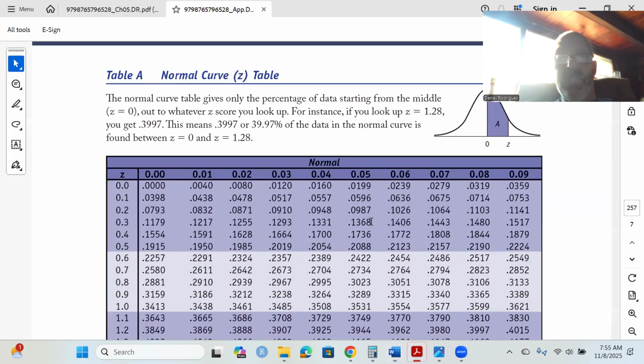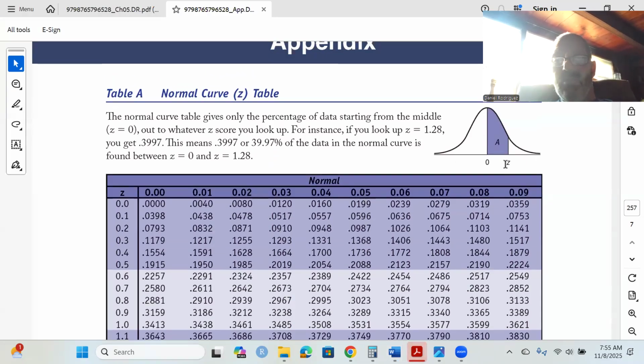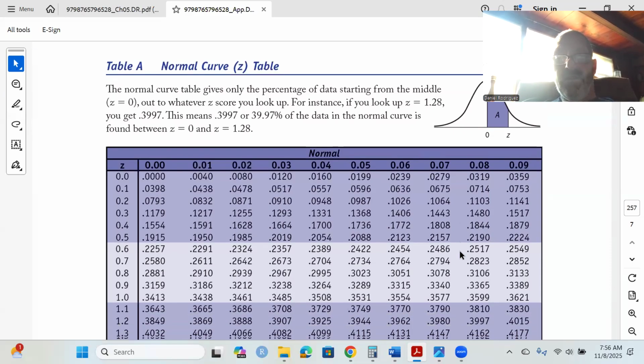If I go into my table, I want to know what the z-value is that cuts off the upper 5% of the distribution, not 2.5%, but 5%. Our table shows us from 0 to the z-value. That area would be 45% of the distribution. The remaining area, of course, would be 50%. So 0.95 minus 0.50 is 0.45.